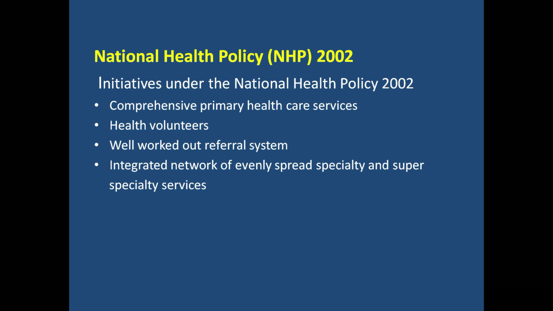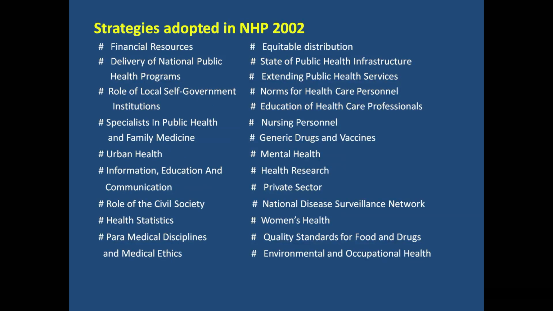Now, if we look at some of the strategies adopted nationally, it's a very comprehensive approach. You can see it ranges from financial resources for health, the delivery of public health programs, the role of self-government, local governments, specialists, especially public health, who will be taking care of these programs and policies, ensuring these policies are properly implemented.